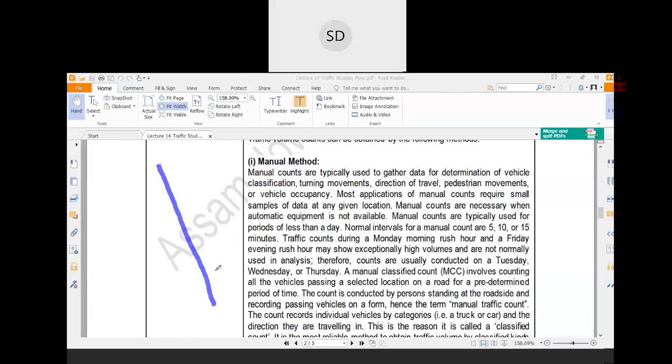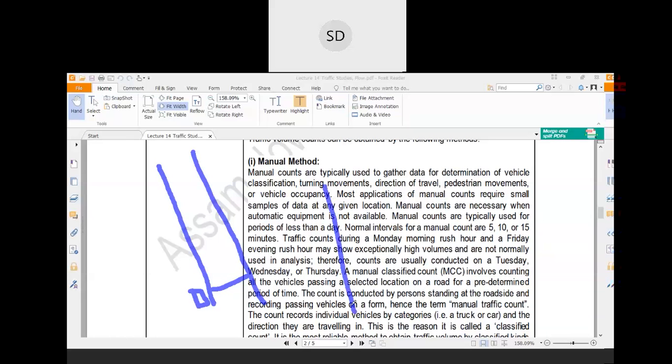For the manual count, what happens? Suppose a road section is there. A manual counter will be placed at the roadside, and he will place one mark across the road, and he will count the number of vehicles in the different directions along with their type of vehicle.